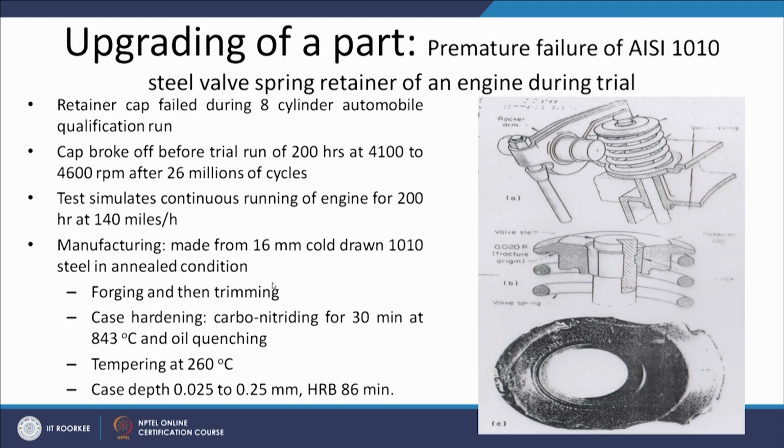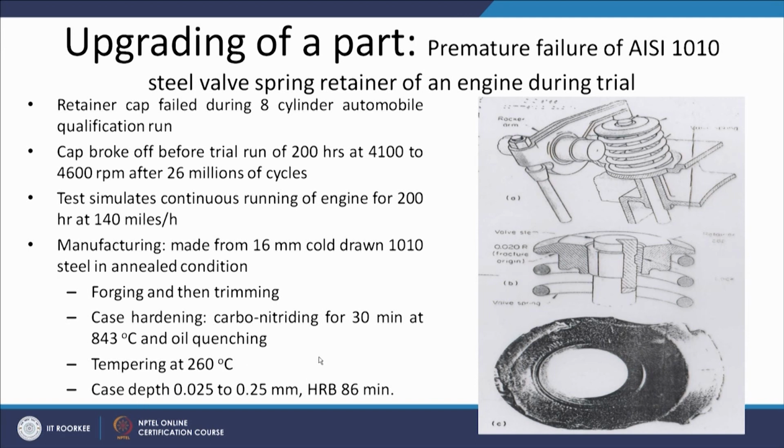The processes used for making the retainer cap were forging and then trimming, followed by case hardening using carbonitriding for 30 minutes at 843 and oil quenching for the hardening purpose. In order to induce the desired toughness and to avoid unnecessary development of residual stresses, tempering was done at 260 degree centigrade.